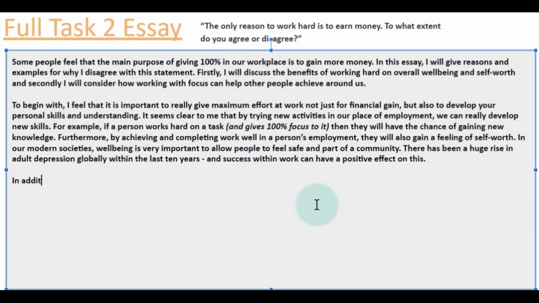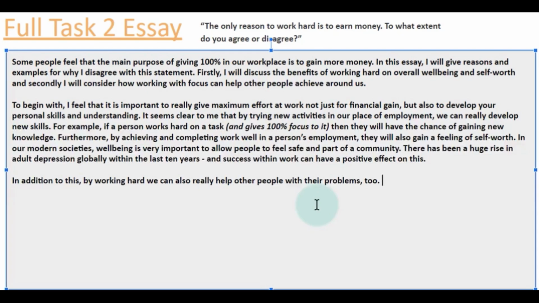In addition to this, by working hard, we can also really help other people with their problems too. Okay, pretty straightforward, my topic sentence here. In addition to this, by working hard, we can also really help other people with their problems too.